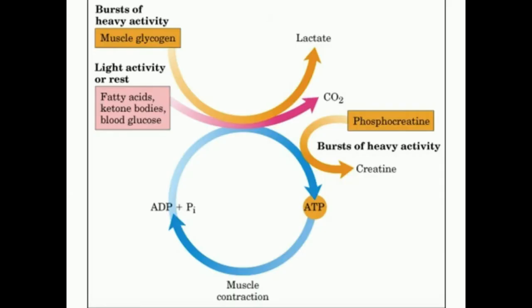Okay. Now, another look at this without structures is we see that the phosphagen system is going to be most active with bursts of heavy activity, heavy exercise. So for the most part, when we talk about the phosphagen system, we're talking extremely high intensity. If you go outside right now and sprint as fast as you can down the street, the phosphagen system, on average, is going to be maximally active for about 10 seconds, maybe.